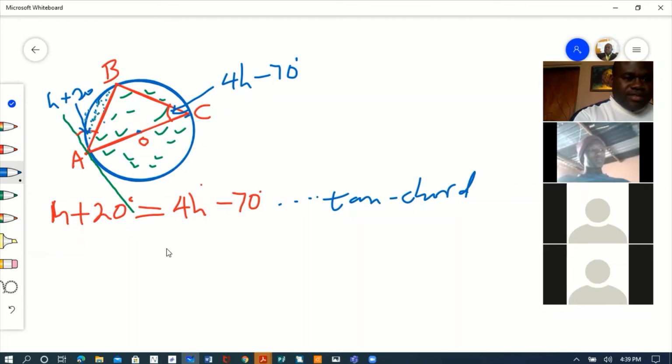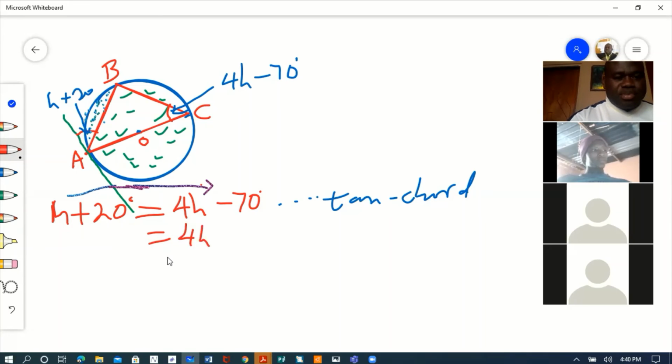All right. So I am going to transpose H to this side. So H will come here. When H goes there, is it going to be positive or negative? Negative. So I have my 4H here, and you said I should bring H here. It should be negative H.